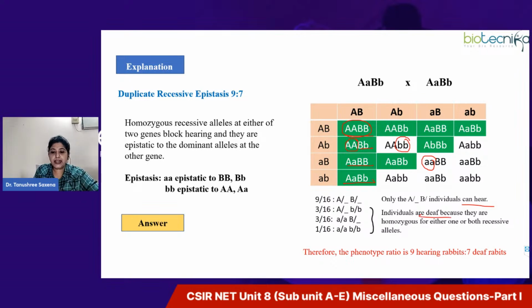So individuals are deaf if they are homozygous for either one or both recessive alleles, right? So it's an example of duplicate recessive epistasis, where the recessive allele of one gene is epistatic to either allele of another gene or vice versa. So here the ratio is 9:7. 9 will be hearing and 7 will be deaf. So the answer here is option 4. You all have answered it correctly. So very good. Keep it up.